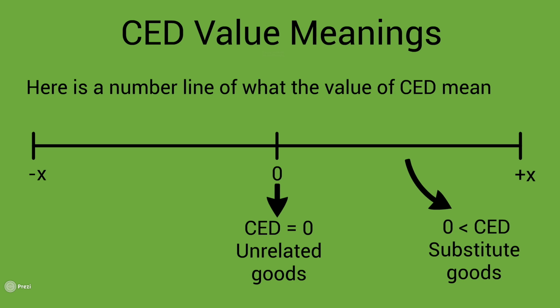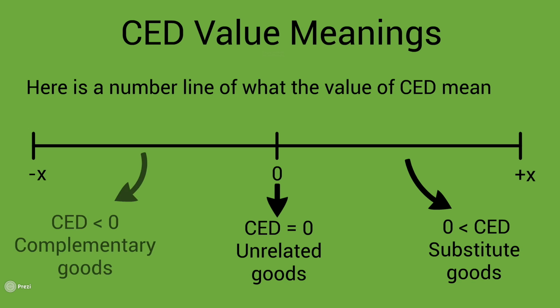A positive value for cross-elasticity of demand means that these goods are substitute goods, with a greater value indicating that these goods are closer substitutes, and a value that is closer to 0, a smaller value, indicates that these goods are weak substitutes. We use the example of newspapers, the Sun and the Mirror, to show substitute goods.